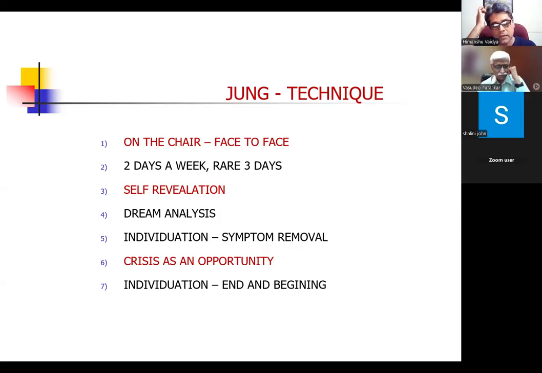This school sees crisis as an opportunity. It doesn't see a DSM disorder as an unmitigated evil. It sees that more as an opportunity. This is a very different way of looking at pathology.